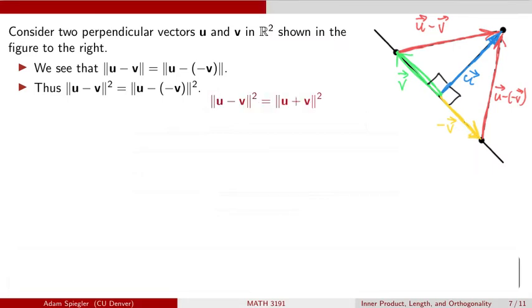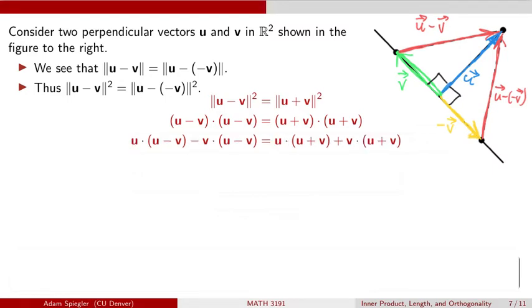If I know that the magnitude of u minus v squared is equal to the magnitude of u plus v squared, then let's start to expand these magnitudes. I can rewrite the magnitude squared as the dot product of u minus v dotted with u minus v, and that should equal u plus v dot product with u plus v.